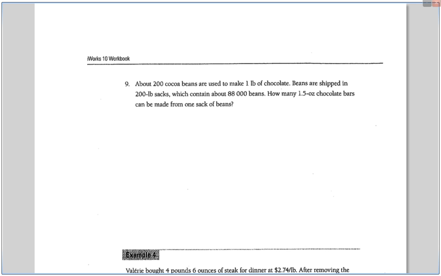Number 9. 200 cocoa beans. 200 beans are used to make 1 pound of chocolate. So 1 pound chocolate. Okay, so that's dealt with. Beans are shipped in 200-pound sacks, which contain about 88,000 beans.